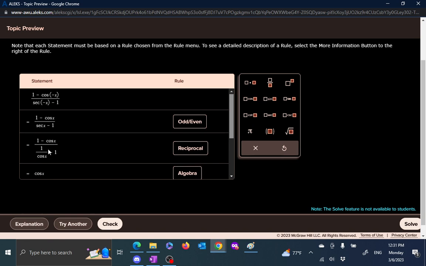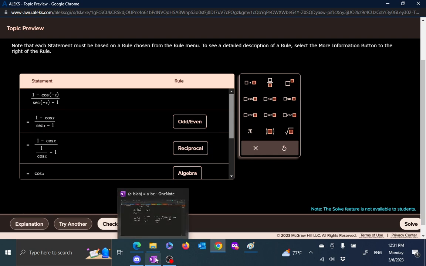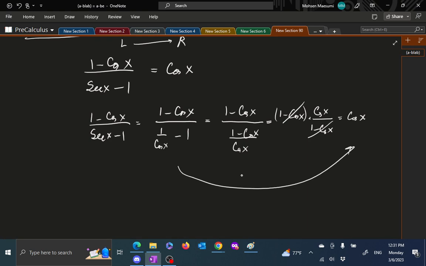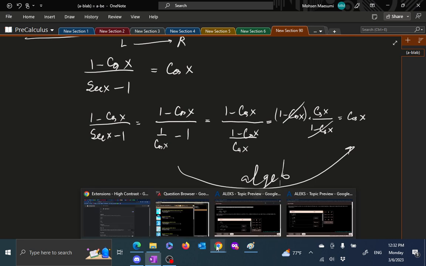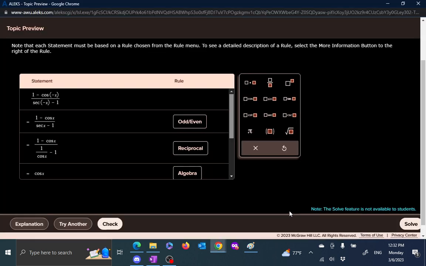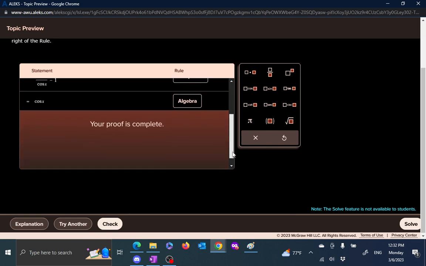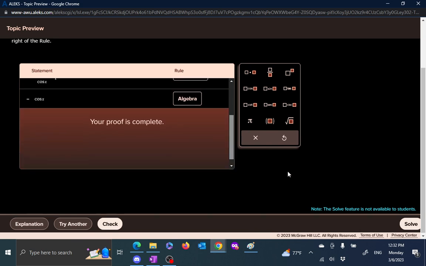We noticed that from here to here, this is all algebra, and we could just indicate that from one place to another place, all we did was just that. And okay, so it's the same.